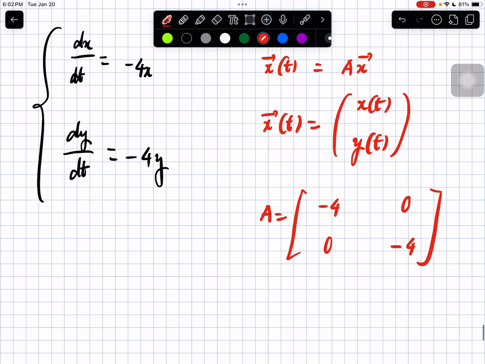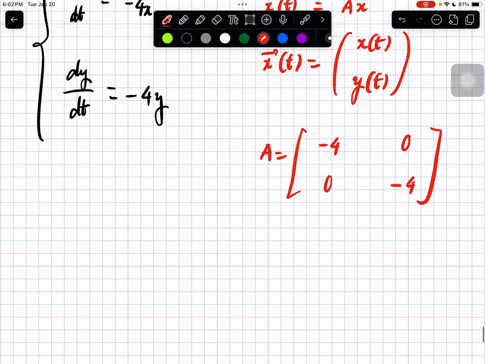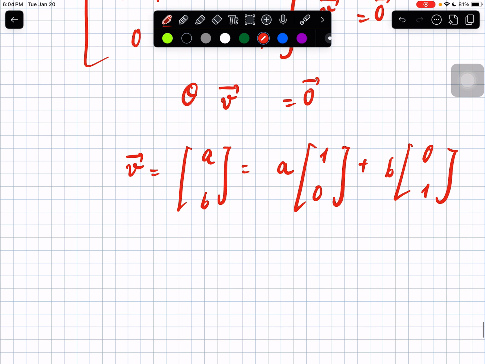So we have repeated eigenvalues lambda equals -4 with multiplicity 2. So we have two linearly independent eigenvectors.